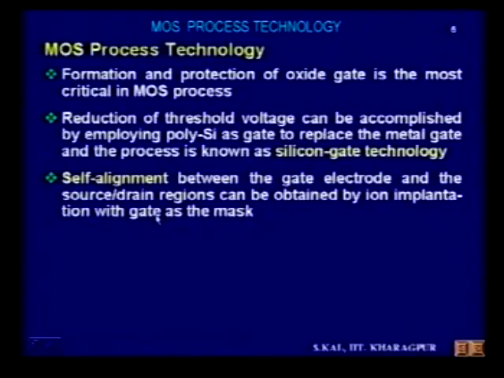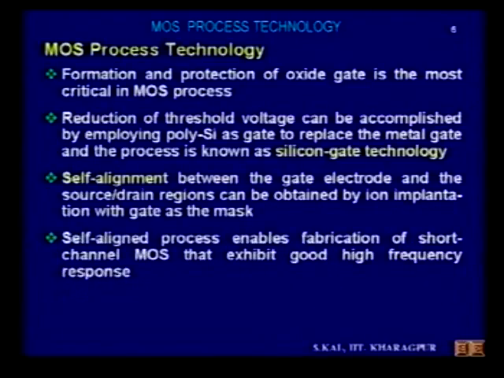So after field oxidation is over, you go for photomasking, the gate is created, and after that the source and drains are implanted. You get automatic alignment, self alignment. The self aligned process enables fabrication of short channel MOS that exhibit good high frequency response.